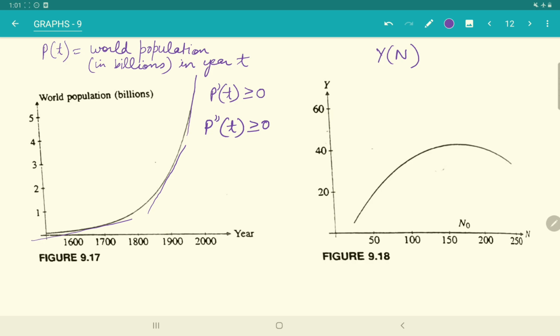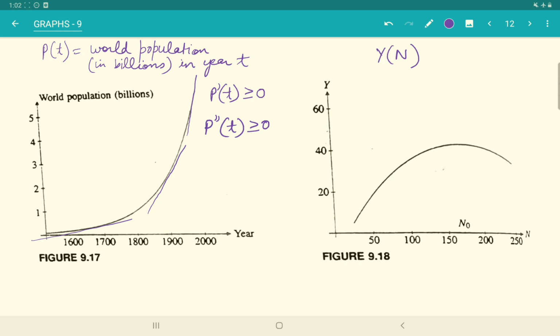This y of n is the crop of wheat. y of n is the number of bushels of wheat produced when we use n pounds of fertilizer per acre. That's exactly the same question we talked about earlier in this chapter, that when we put in n pounds of fertilizer per acre, how many bushels of wheat can be produced.